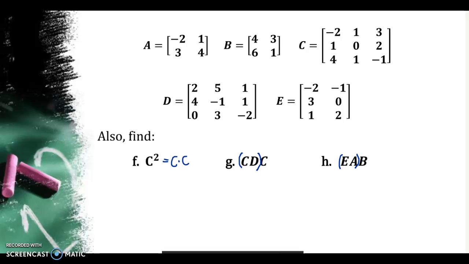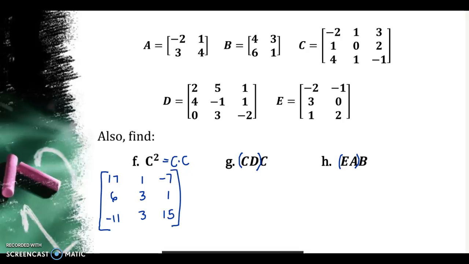Now, you can also use your calculator, but I'm going to go ahead and write these answers so you can check them if you want to work on these ones. For F, we'll get 17, 1, and negative 7 in the first row, 6, 3, and 1 in the second row, and negative 11, 3, and 15 in the third row.